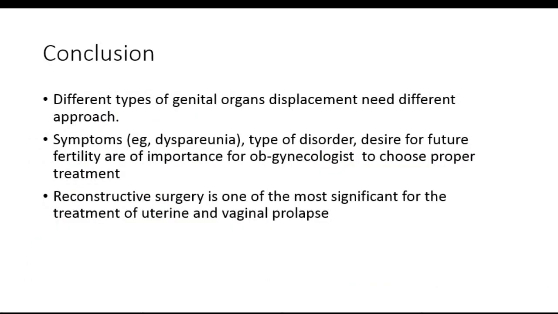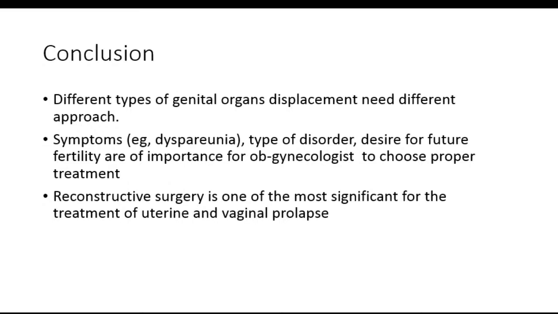So we are about to finish my presentation, our lecture. Different types of genital organ displacement need different approaches. Symptoms, for example dyspareunia, types of the disorder, and desire for fertility are of importance for any obstetrician gynecologist to choose the proper treatment option.